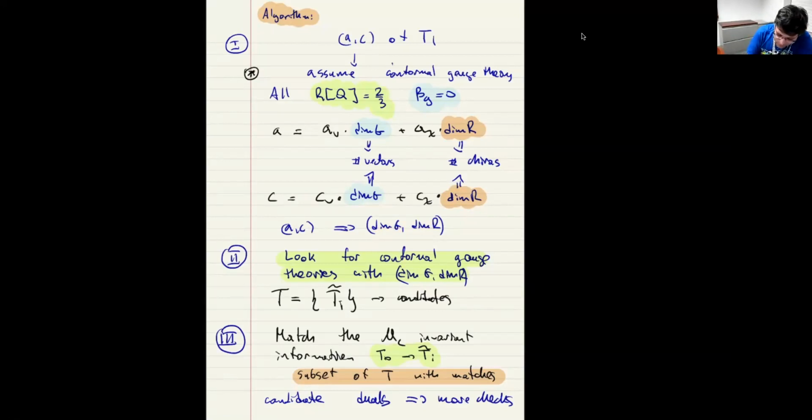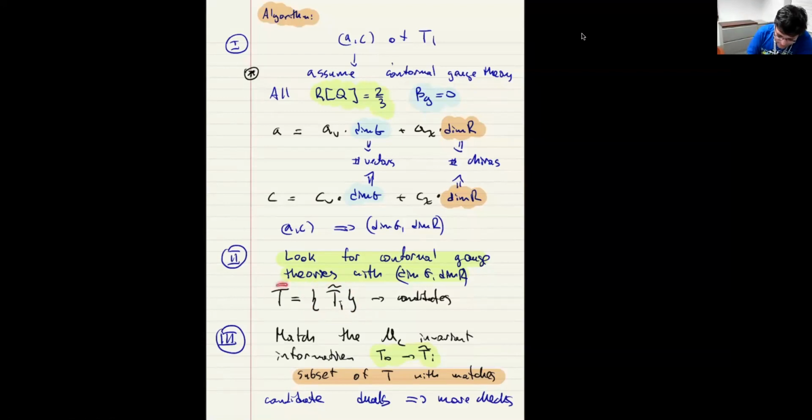So then what you do, you just scan through all the possible Lagrangians that you can write, which have this dimension of the gauge group and this dimension of the representation, and such that these Lagrangians are conformal, because that was an assumption of the whole procedure. There is always a finite list of such theories, and we will do in a moment a detailed example.